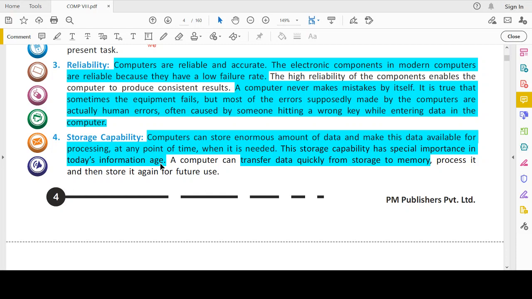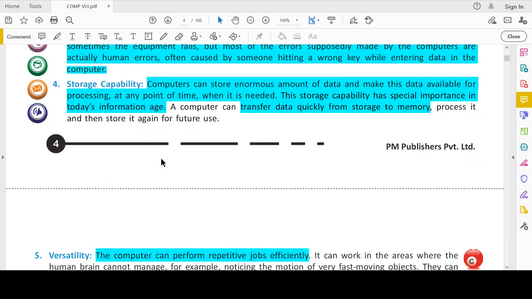If you are lacking information, then you cannot compete, you cannot stay updated with the world, you cannot take practical decisions, right? So having the information at the right time is the characteristic we should maintain in this information age. So having good storage capability is mandatory.